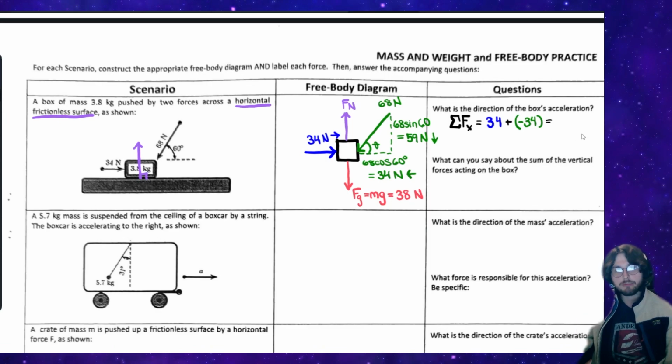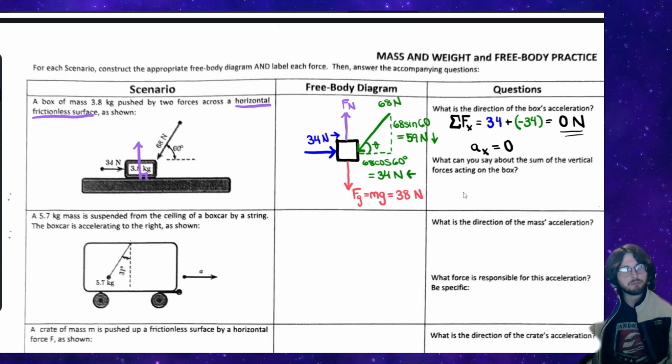Now, if you do the very quick mental math here to figure out what that equals, we're going to find that the horizontal forces add up to 0 newtons. That's good, because that means automatically that the acceleration in the x direction has got to equal 0 as well.